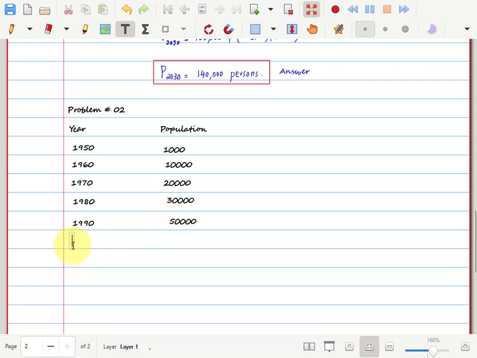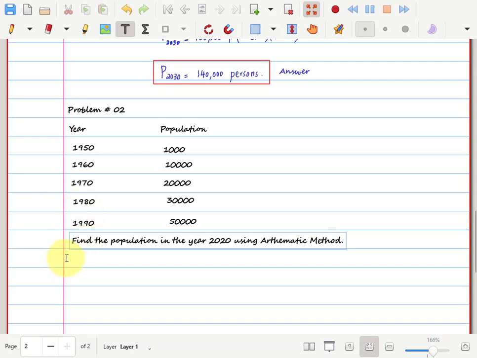We are asked to find the population in the year 2020 using the arithmetic method.